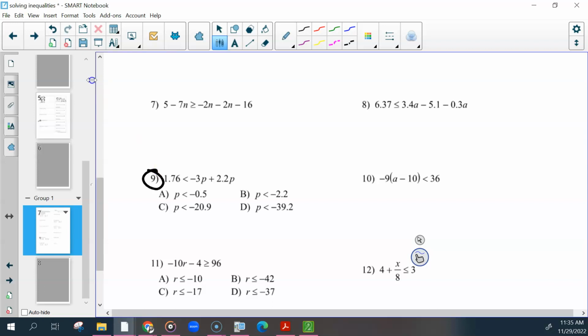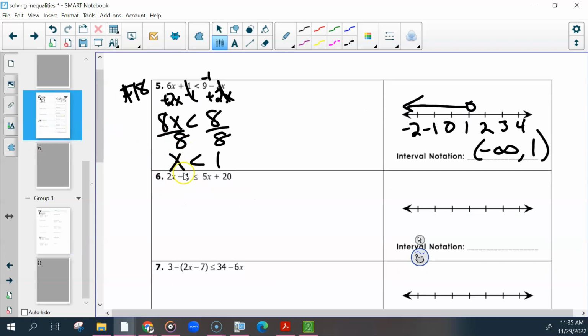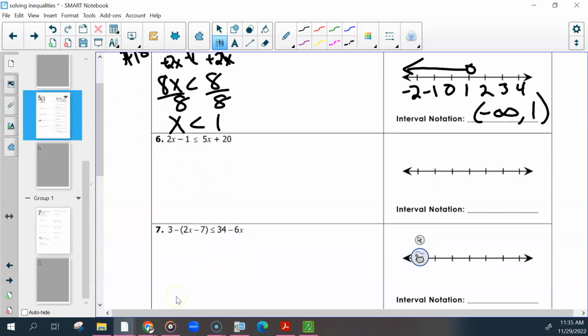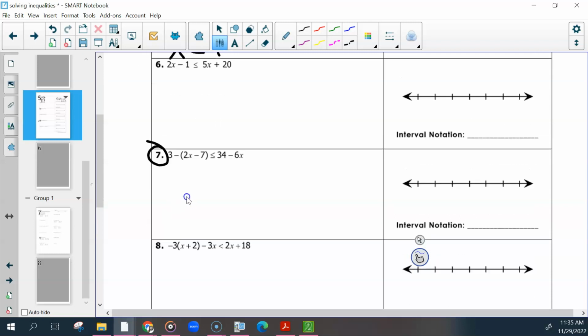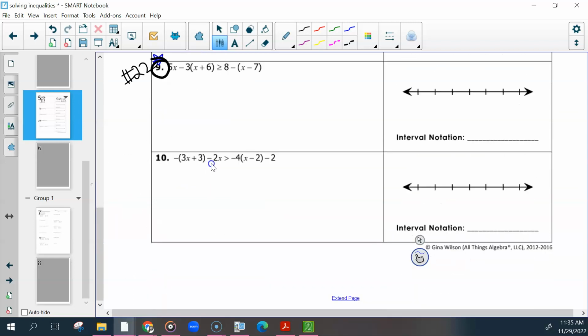The one we were just on? This one? Yeah. 10 on this page or the very last page? Okay. Any others? Okay. We're going to start on this page and then go to the ones on the very last page.